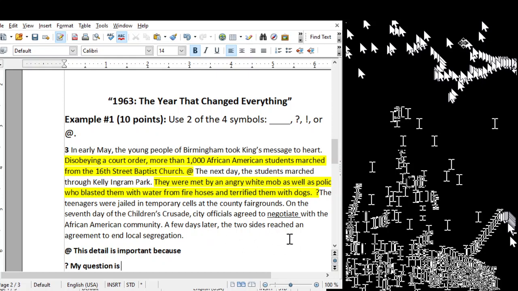So when I see it, I know when I look underneath this paragraph that this sentence right here you thought was important. And you're going to tell me why you thought it was important. When I see this sentence highlighted and it's a question mark at the end of it, I know that you have a question about this sentence. So when I look underneath the paragraph, I want to see what your question is.